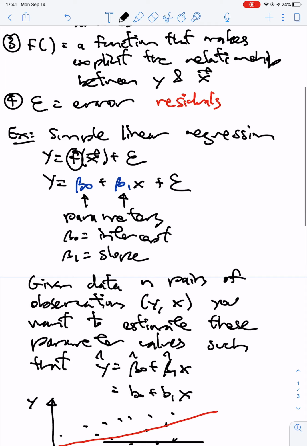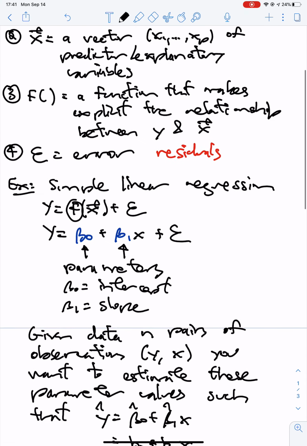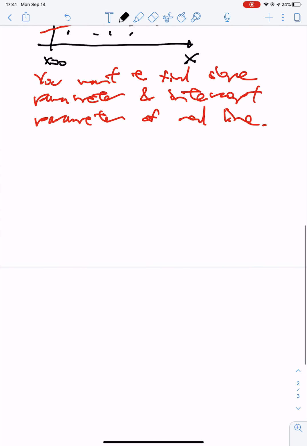But now, let's go over to another example. Let's go back to our dendrobands data.